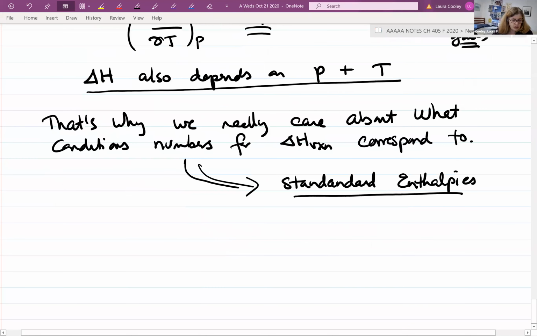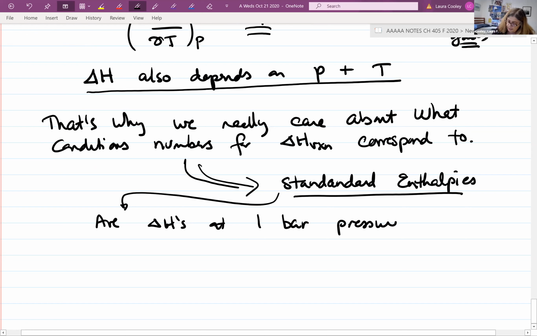Standard enthalpies are delta H's at 1 bar pressure, so about 1 atmosphere, but a little bit different, with the reactants and the products in, so here we go again, their standard states.